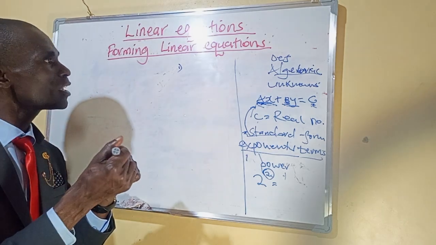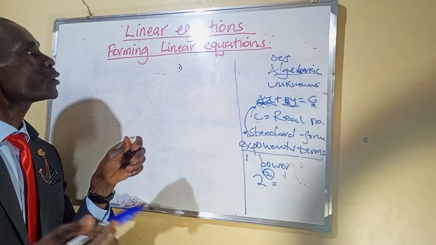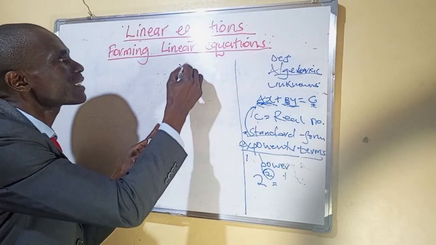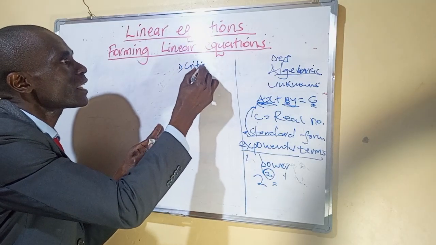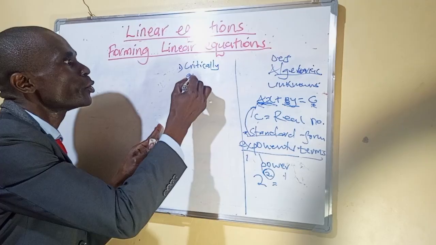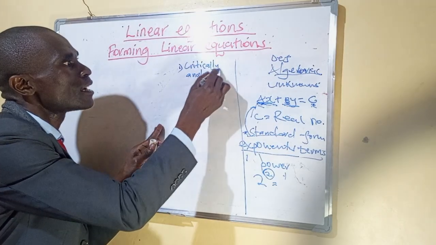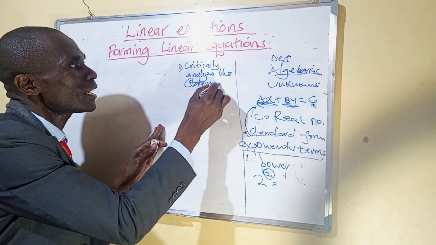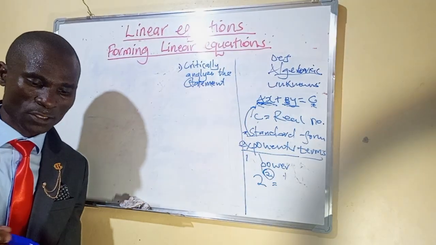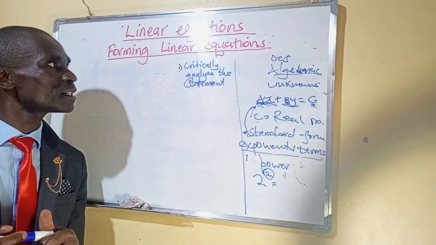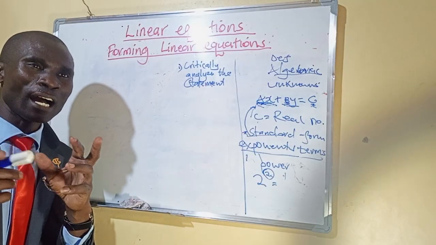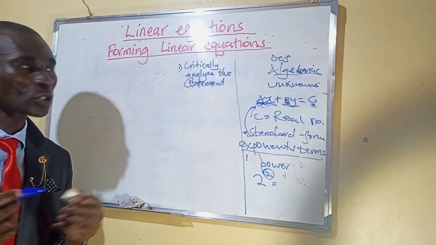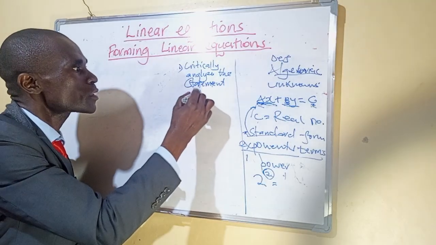Number one thing you're supposed to do is to go through the statement critically. You critically analyze the statement, so that it is analyzed by your mind. You change all the literature in the question into a mathematical statement.